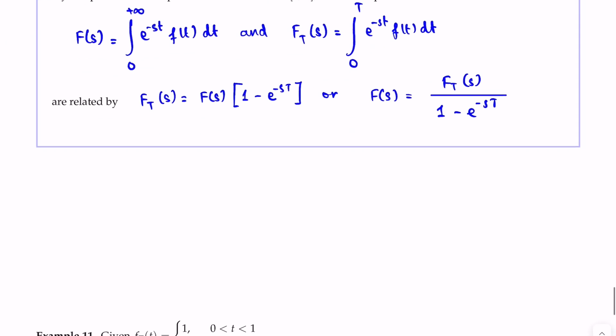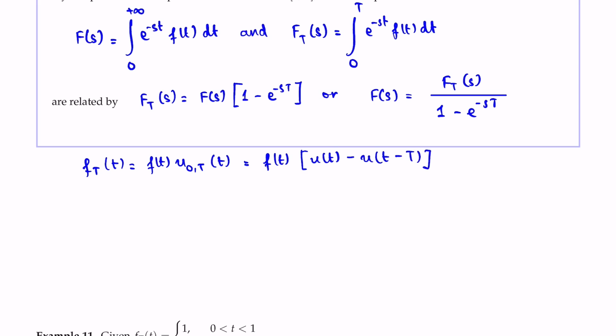So f sub T of t is equal to f of t times u sub 0 comma T of t, or this is equal to f of t times u of t minus u of t minus capital T. Then distribute f of t into the bracket. You have f of t times u of t minus f of t times u of t minus capital T. Now, eventually, you have to take the Laplace transform on both sides of the equation, and you look at the formula that we need in the Laplace transform table.